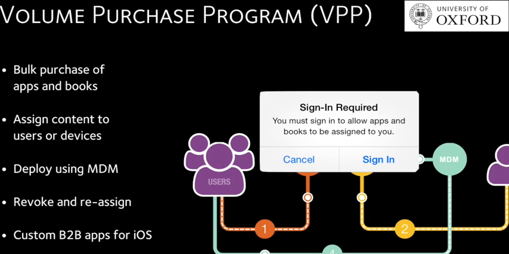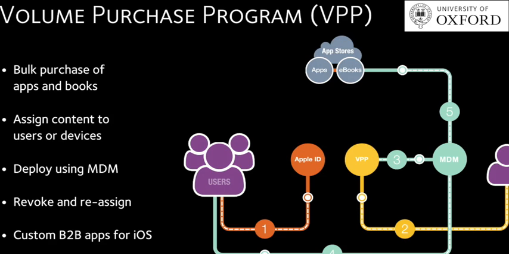And the sign-in just allows the organization to get an anonymous token which represents that user. So we don't even know the email address or any information about that Apple ID, it's just a token we negotiated. And then we can assign via the MDM that uses an API talking to the VPP system, the content which is then made available to the user as if the user would have purchased it.